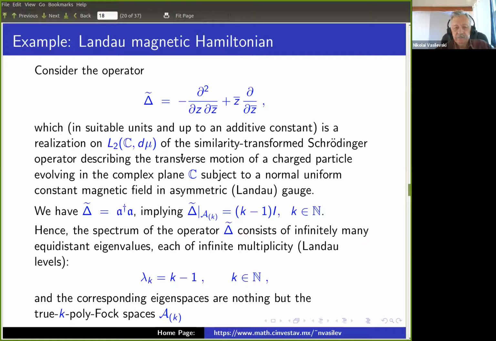This immediately implies that the spectrum of the operator consists of infinitely many equidistant eigenvalues K minus 1, each of infinite multiplicity, called in physics Landau levels, lambda_K equals K minus 1, and the corresponding eigenspaces are nothing but the true K polyfock spaces. This is a very interesting application of the true K polyfock spaces related to the famous Landau magnetic Hamiltonian.